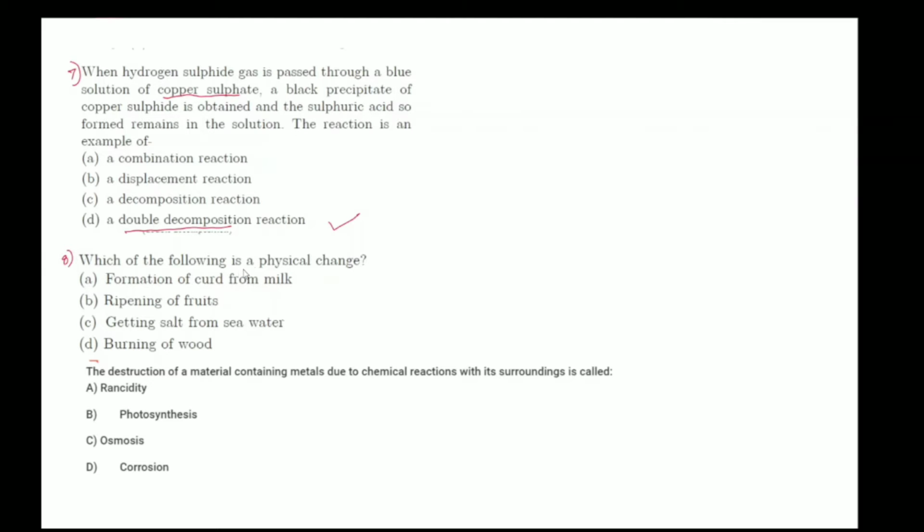Which of the following is a physical change? Formation of curd from milk, ripening of fruit, getting salt from seawater, burning of wood. We know that a physical change is one in which there is a change in shape, size, or height is increased, size is decreased, shape is changed, or there is a change in state of matter.